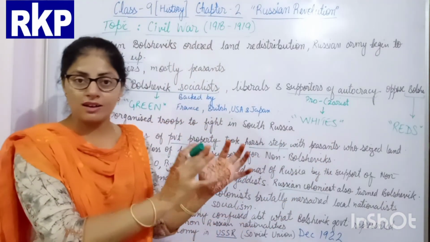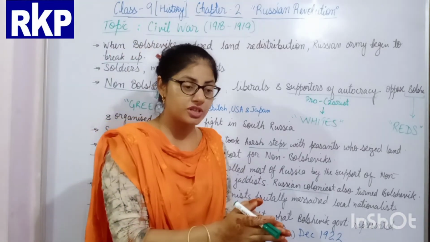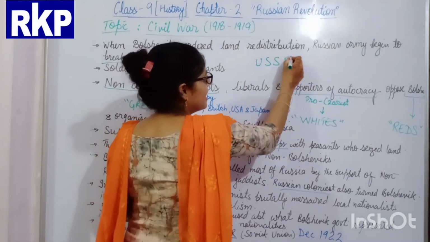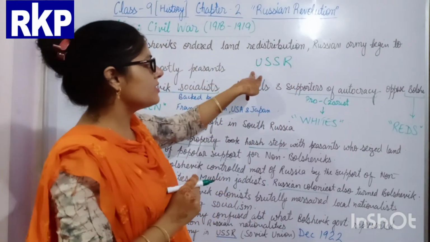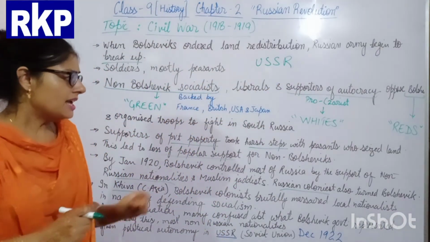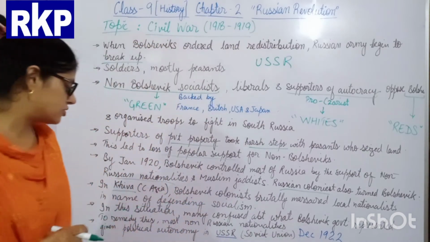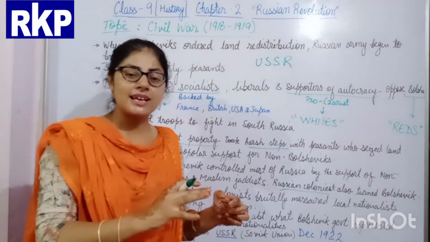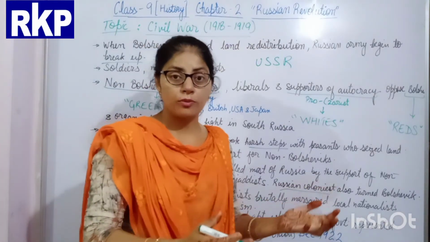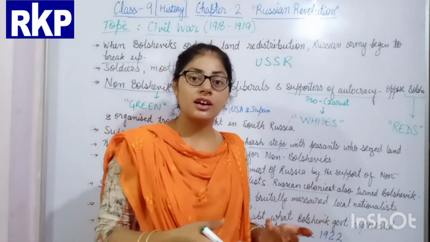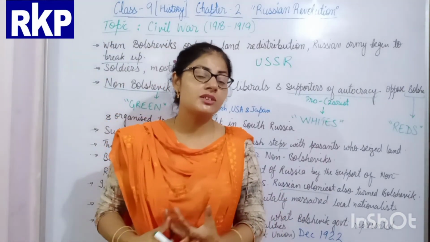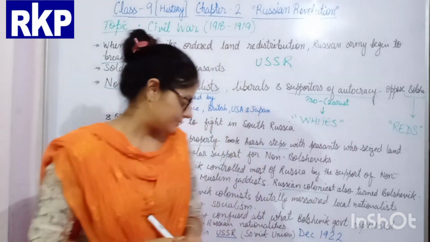But when the socialist government was established in Russia, the Russian Empire was converted into the USSR, meaning the Union of Soviet Socialist Republics. In the USSR, the colonies under Russia also got autonomy, and through this the Bolshevik party got the support of these Russian colonists also.